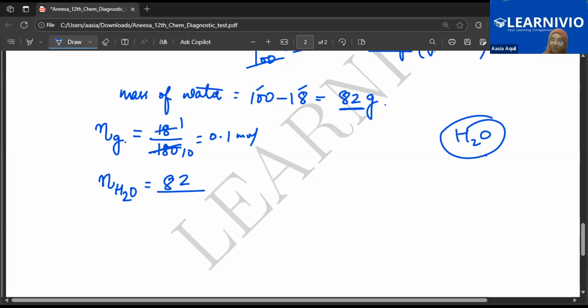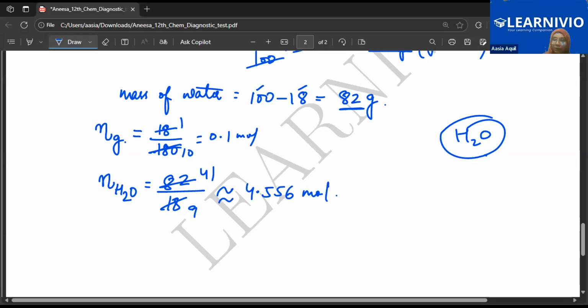Yeah, it's very simple. 18 total, very good. So 82 divided by 18. Just try to solve this. When you divide this, you will get approximately 4.556 mole.